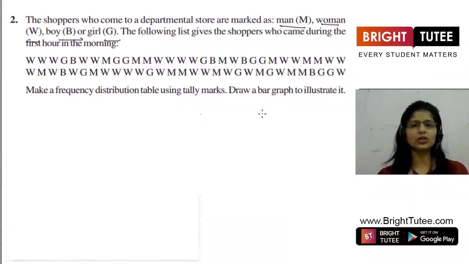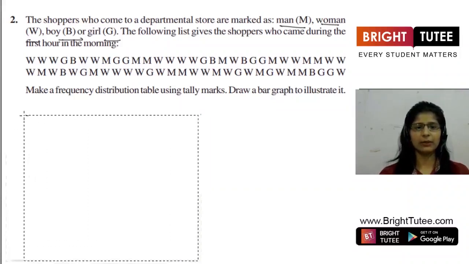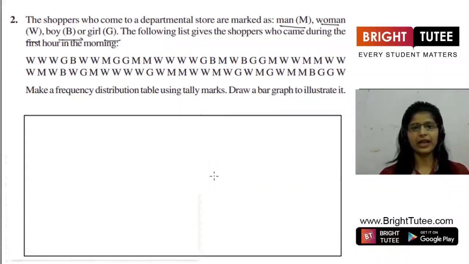This data is written in a theoretical way, just capital letters, and it is really time consuming for us if we count the number of women and men and girls and boys one by one. So what we will do is make a frequency distribution table. We'll form a table, and in that we will write the four categories that we have, tally marks, and the frequency.